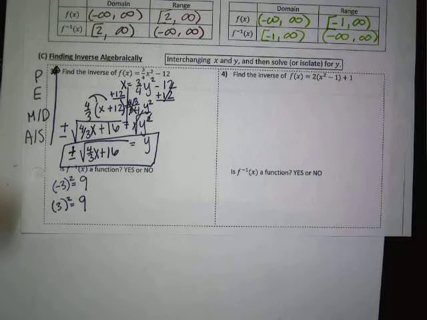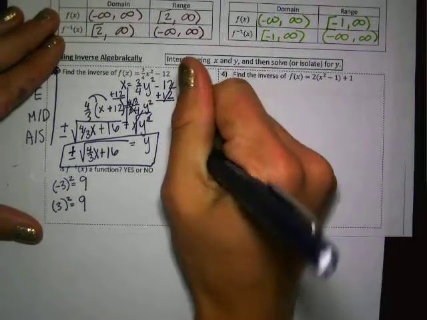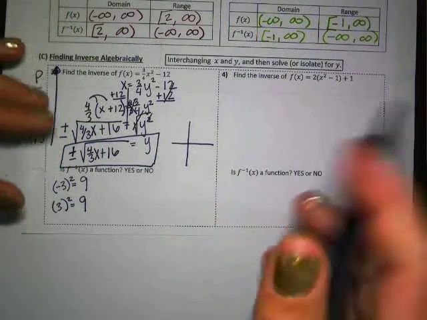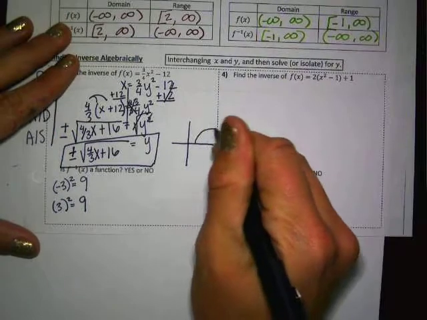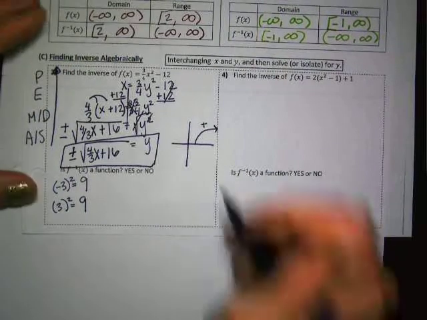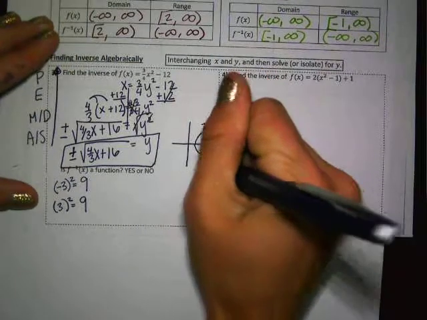And then also, if you're talking about it graphically, do you know how you have the sideways U? The top part, that's your positive part of the graph. The bottom part, that's your negative. Does that make sense?